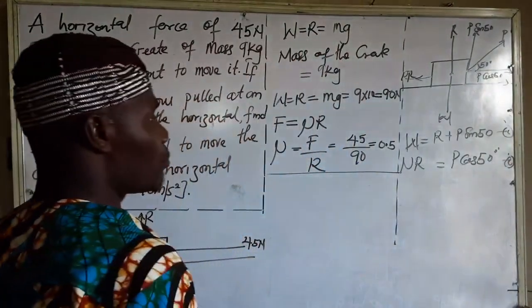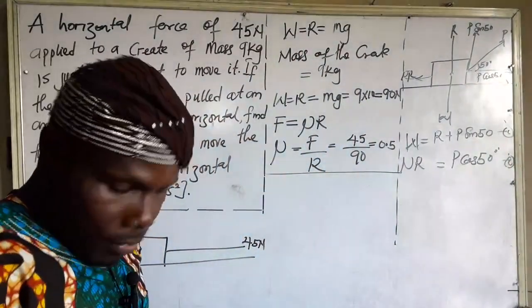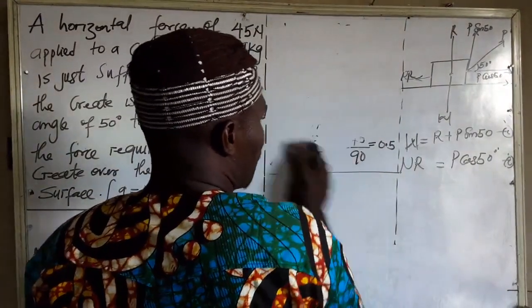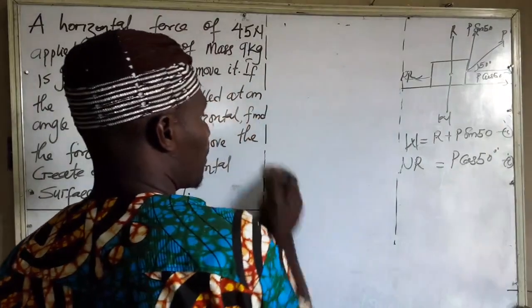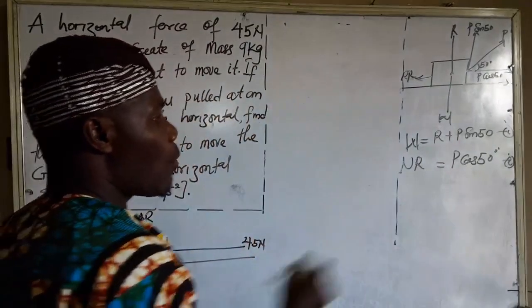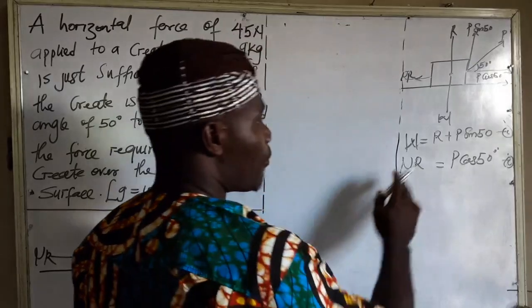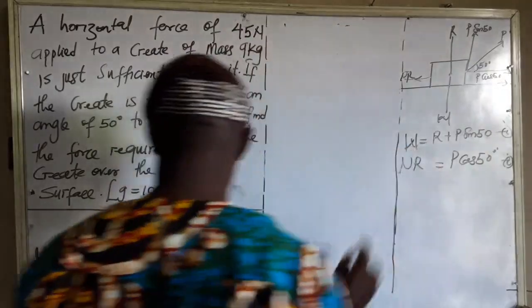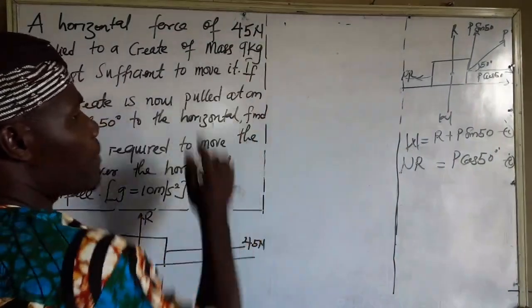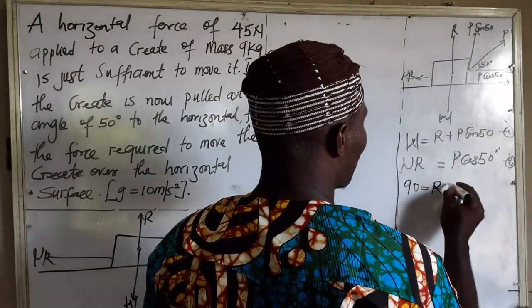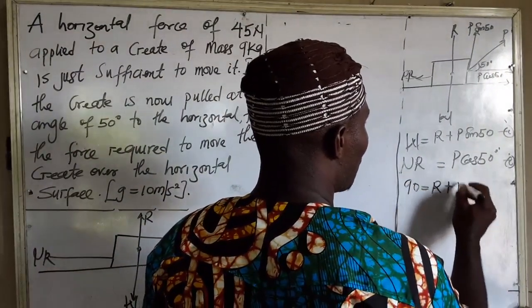So from equation 1, we have our weight, which is 90, equal to the reaction plus P sin 50.